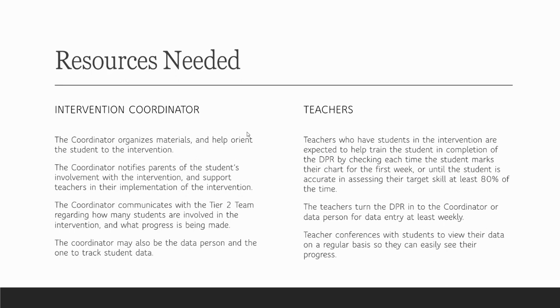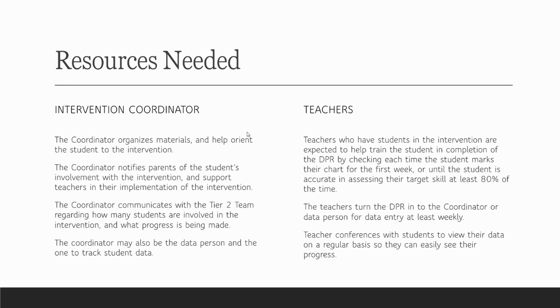The coordinator is going to communicate with that tier 2 team regarding how many students are involved in the intervention and their progress, how those students are progressing and responding to that intervention. And the coordinator is also going to be the person to track that student data. Now, of course, we need the teachers because this intervention is happening in that classroom, in the students' natural environments.